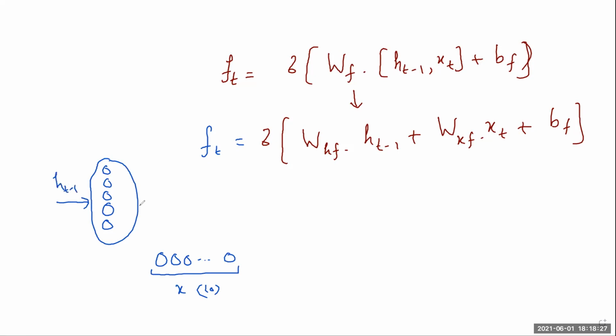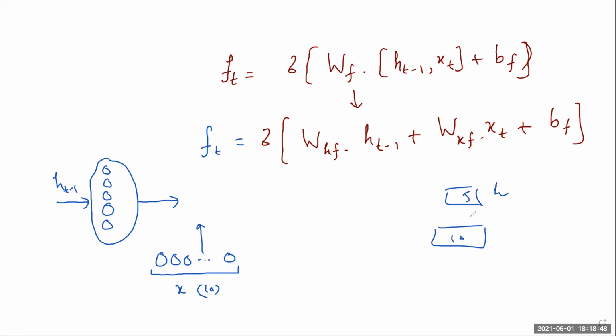So it is coming from here and it is coming from here. Now you see all of these 10 are connected to these 5, right? If you remember, we had this x and this h, so you have 10 here and 5 here. So how many connections do you have?